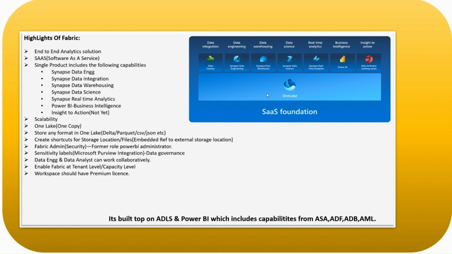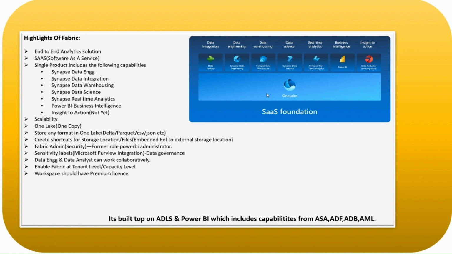Coming to the next part, the format. OneLake is one storage, right? So you can store any number of formats. The default format is Delta. You can store Parquet, JSON, CSV, and a number of other formats, but the default format is Delta.